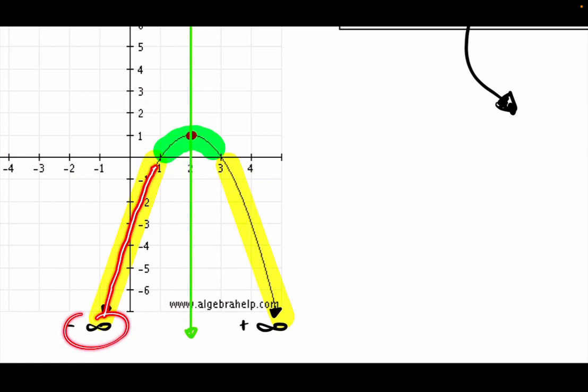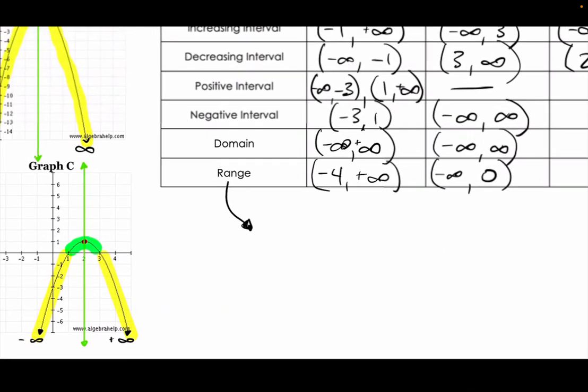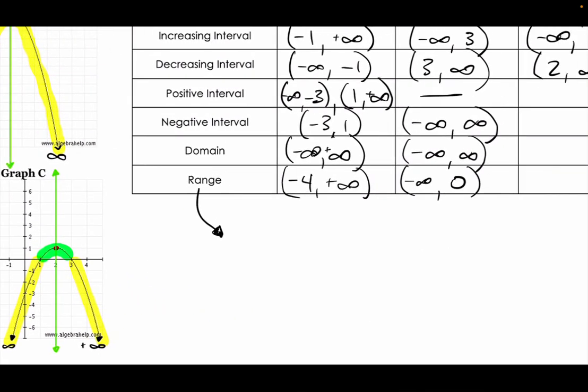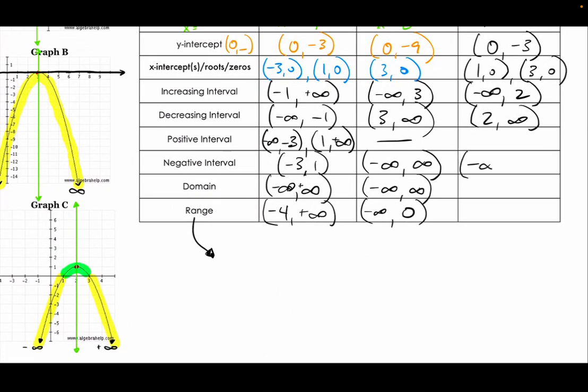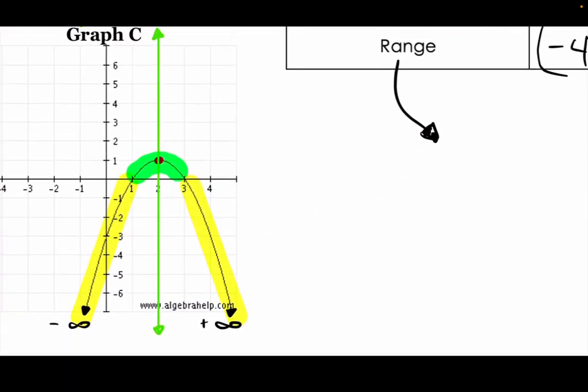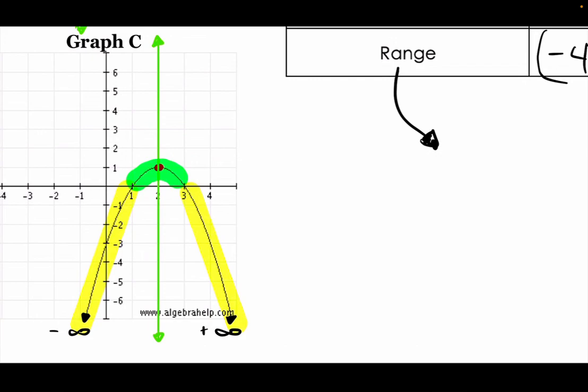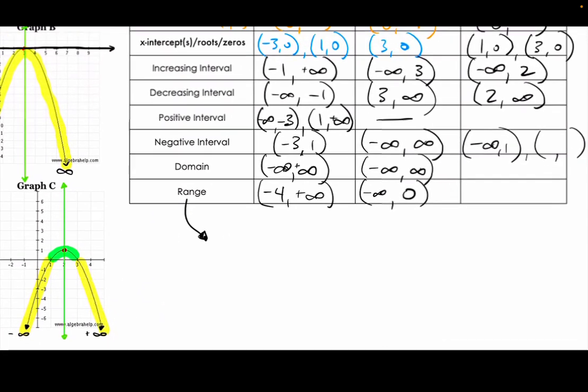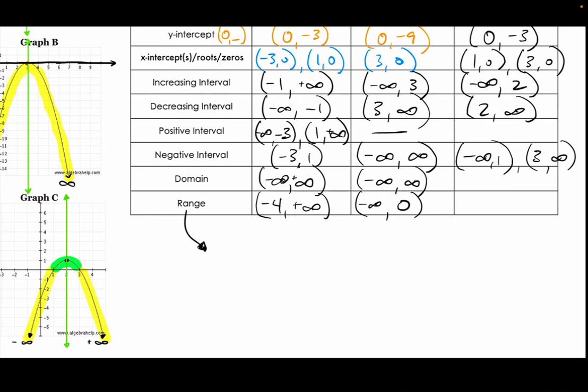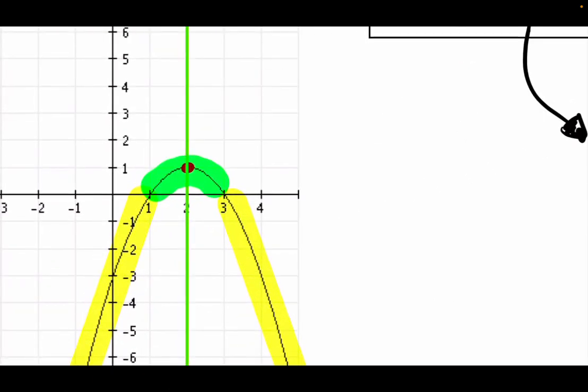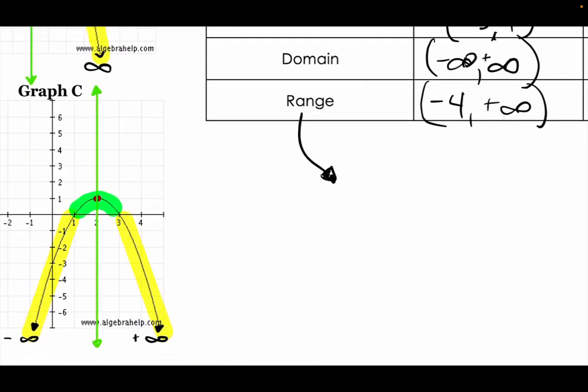So from negative infinity to 1, I'm below water. I'm also below water from 3 to positive infinity. So when am I above water? From 1 to 3. That little part from 1 to 3 is where I come up above water.